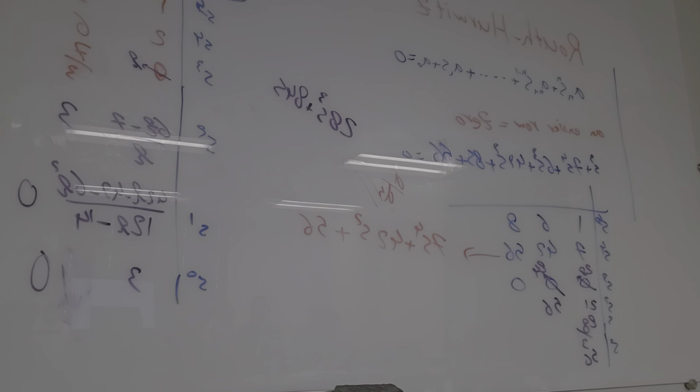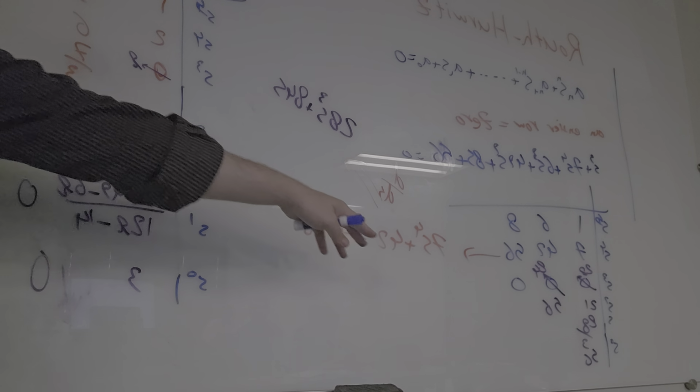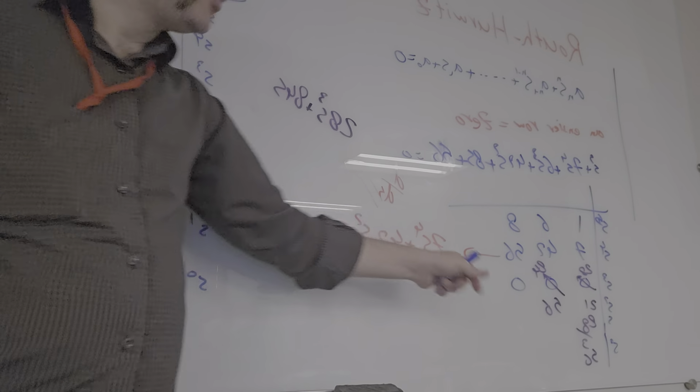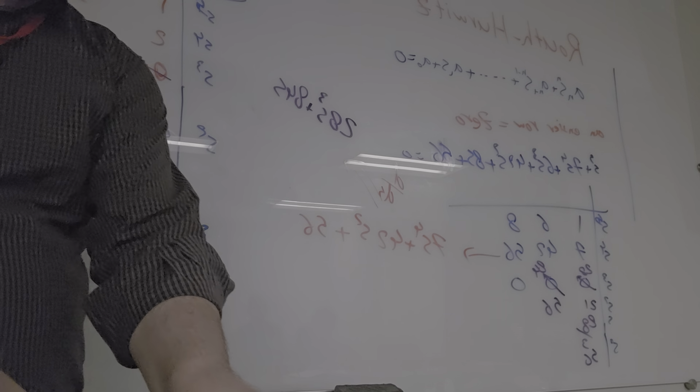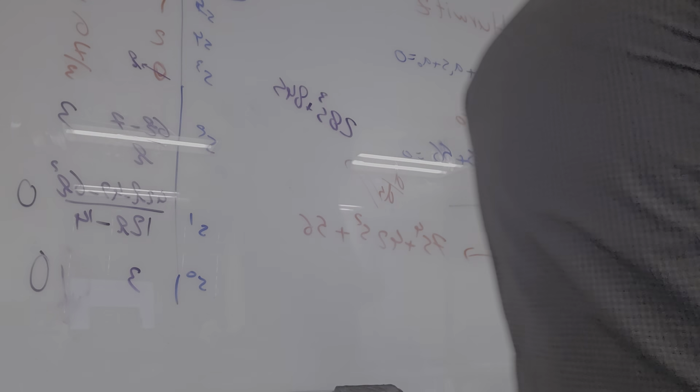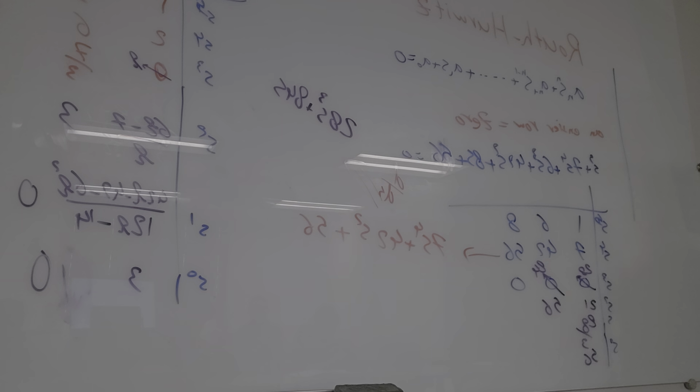And if we have an entire row as 0, we use the differential trick. Are we good? Any question about that? So this is how we can analyze the stability of the system, using this trick, which is very easy.